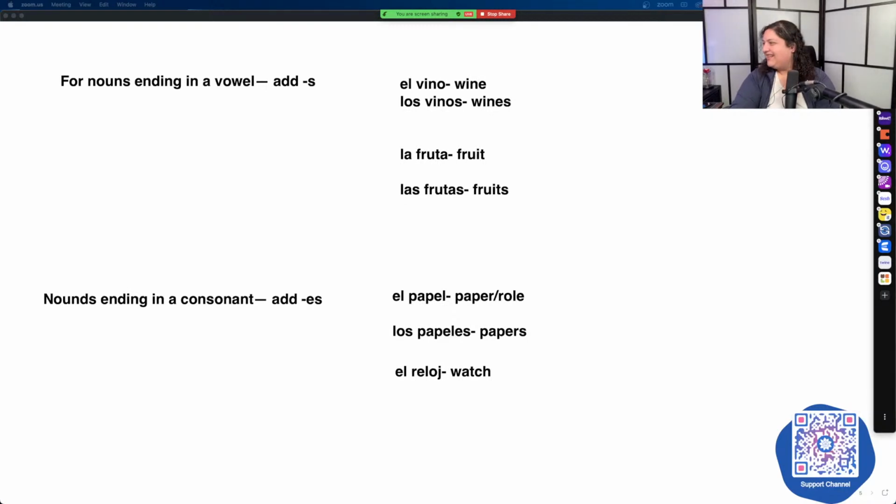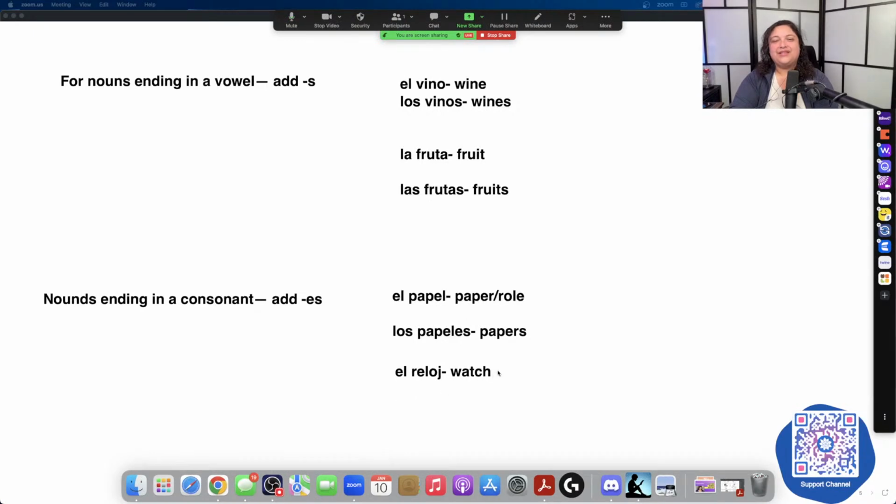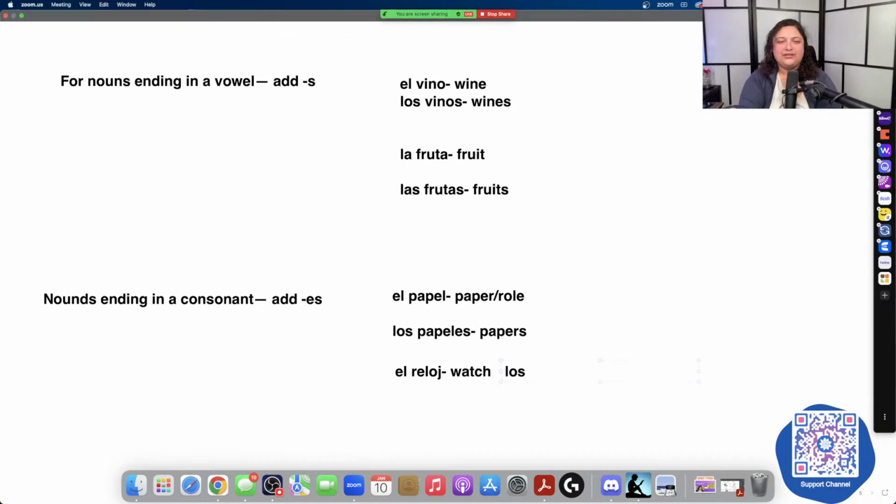Yes, you are great. So it would be los relojes. Los relojes. So this is the common rule. For nouns ending in a vowel, we just add s. And for words ending in a consonant, we just add es.